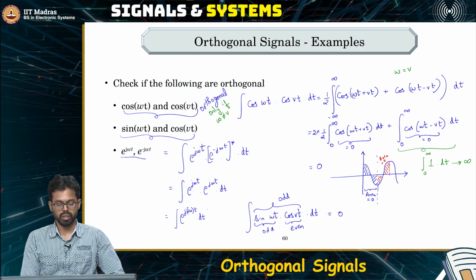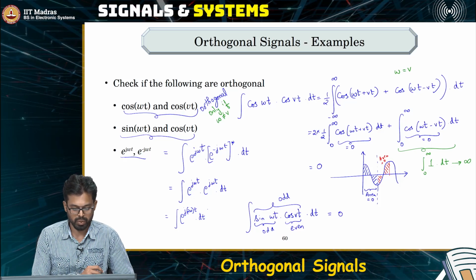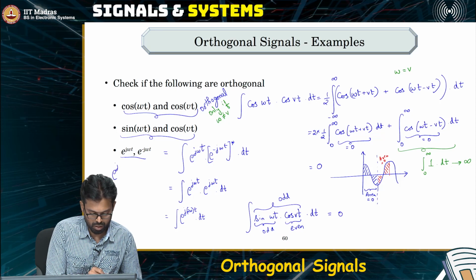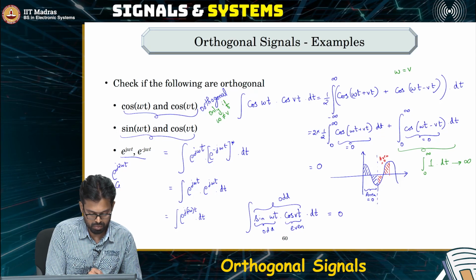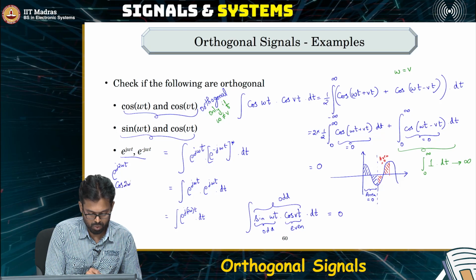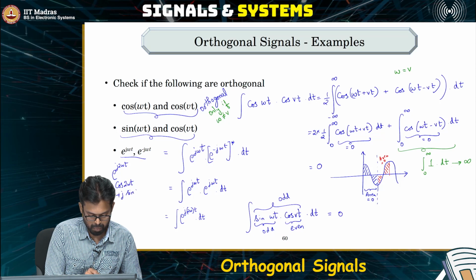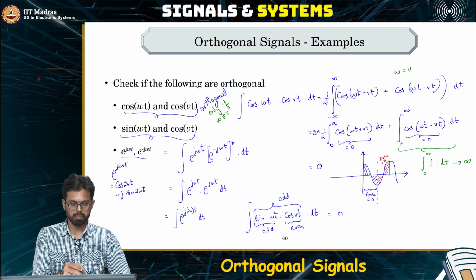Now how do we evaluate this integral? So it's not very difficult to actually evaluate this integral, because we know that e power j2 omega t is equal to cos 2 omega t plus j sine 2 omega t. So we can just substitute that here.